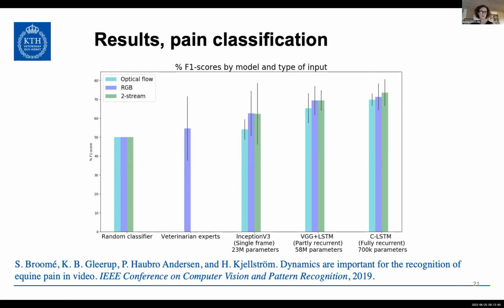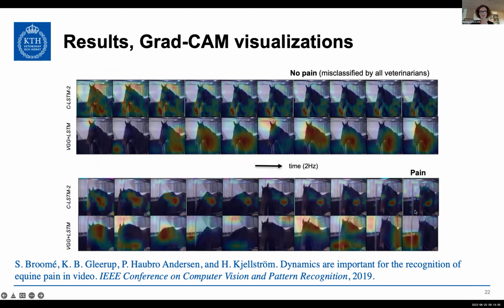But another way, a no-brainer, is to use a model with fewer parameters. So the CLSTM has only 700,000 parameters, while the other networks have several million parameters. All right, so the next thing.